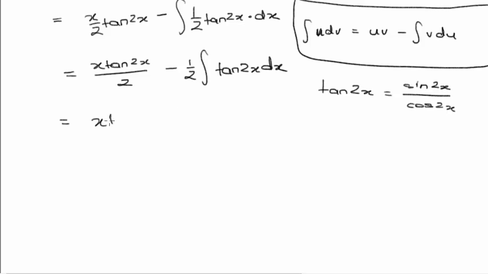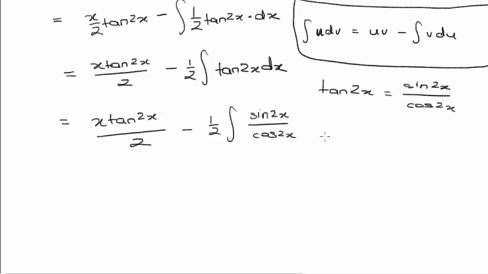Okay. So let's do it. So let's keep rewriting. That's integrated with respect to x. So what we can do now is we have sine 2x on the top and cos 2x on the bottom.